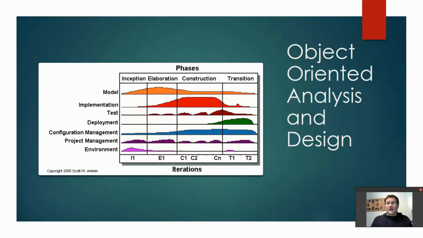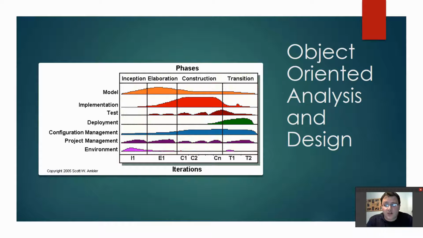However, like I stated, there are iterative ideals inside each of those groups. The inception phase would normally be only one iteration, while the elaboration phase may have one or two iterations and is generally considered the most crucial of the four phases. Because that's where a lot of the analysis design takes place.